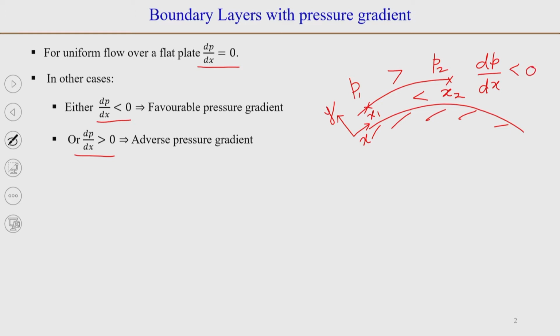So, that means, when the pressure is higher here, from the outer flow solution we can say that U1 will be less than U2. That means the flow accelerates. So, when dP by dx is less than 0, you have accelerating flow in the outer region.